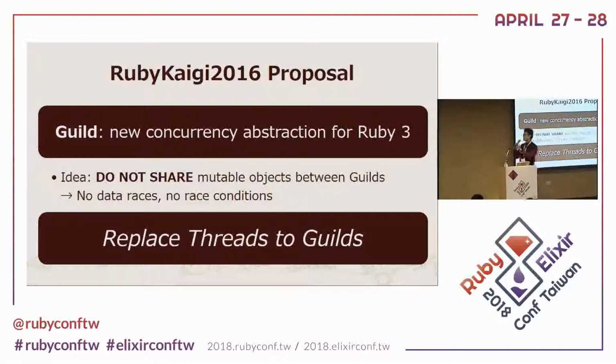With such a background, I propose a new concurrency abstraction, Ruby Guild. The key idea is do not share mutable objects easily, and then there are no data races, no race conditions, and none of the difficulty of thread programming. At last, I want to replace threads with Guild.